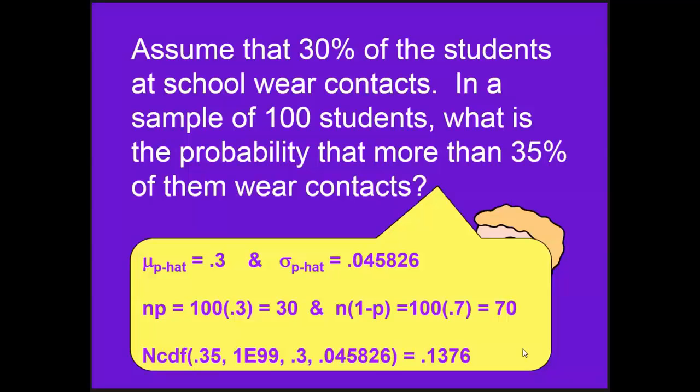The likelihood of it being 35 or more is only going to happen 13% of the time. While that's not huge, that is enough to stop and go, it could happen. I could try to gather the information, and we still could find out that it is larger than 35%. So anyways, that probability is about 14% there.